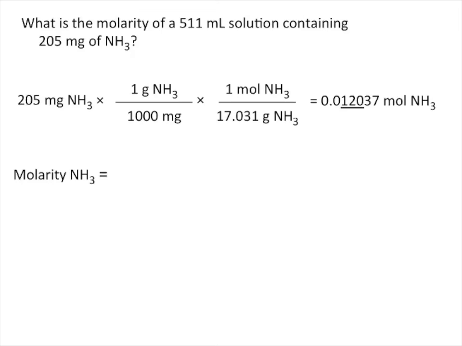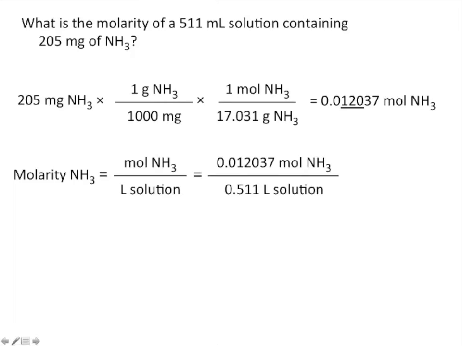Okay, so now to find the molarity of this solution, you first take the moles of ammonia and divide it by the total volume in liters. So we have 0.012 moles of ammonia divided by 0.511 liters of solution. And now I made a shortcut here too. So what I did is I said 511 milliliters times 10 to the negative 3 liters are in 1 milliliter.